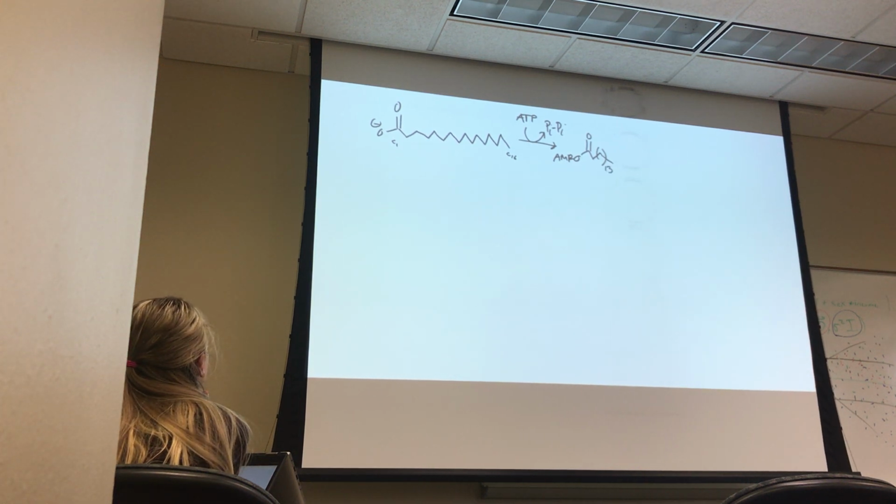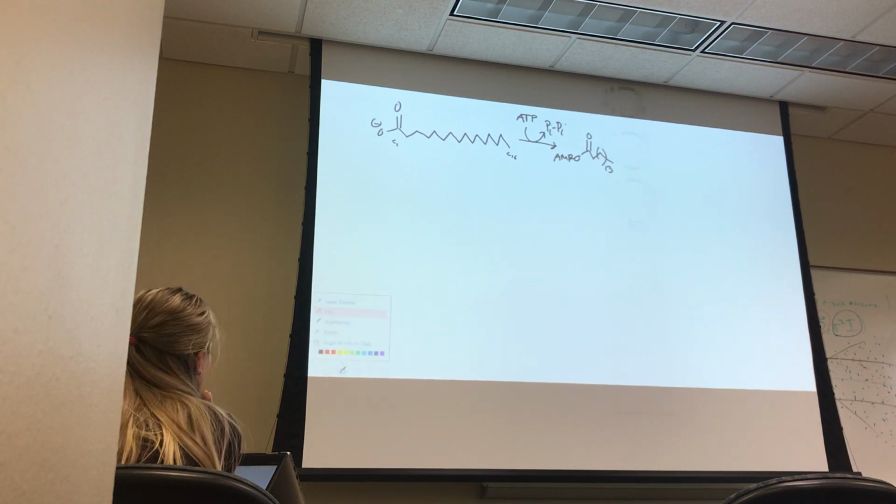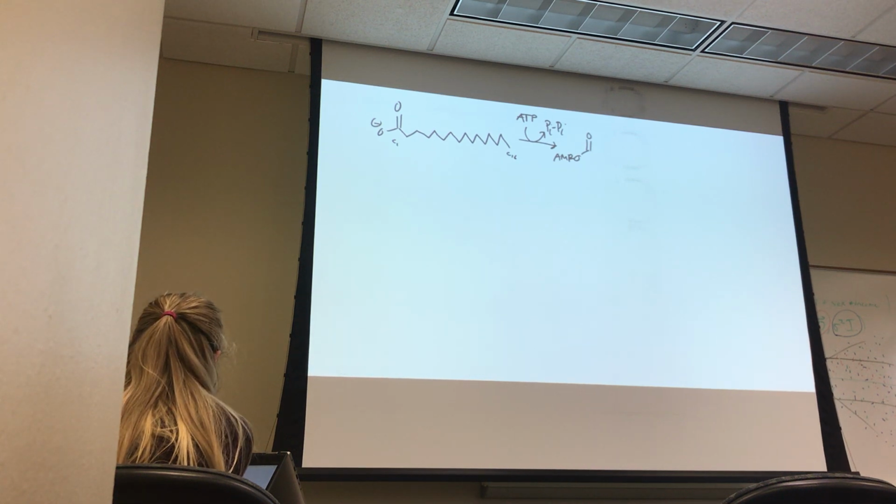You can do this if you want. You guys okay with that? If you want to do that, or you can draw it out as the long tail, because it's pretty much the same. Actually, to make it so that you can do the chemistry, just a second, because you have to see the beta oxidation. Here's how I would do it.